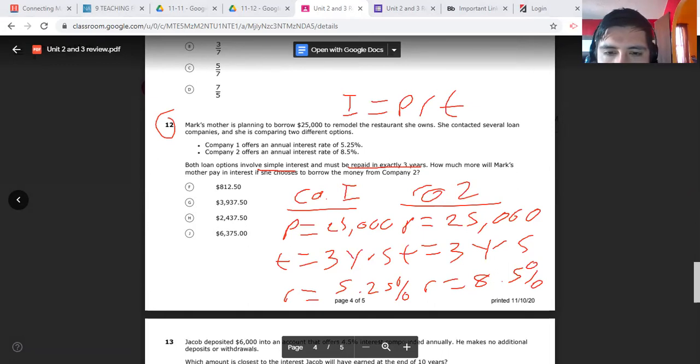So the first question, I guess, is how do we know which company is going to charge more in interest? How do we know which one of these two we're going to pay the most? Or better question, which one of these are we going to pay the most amount of money?